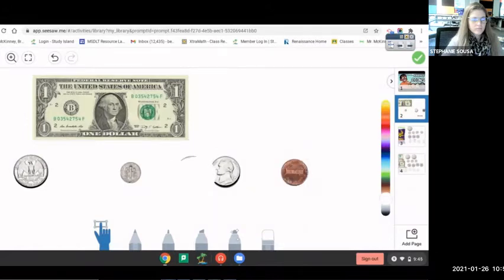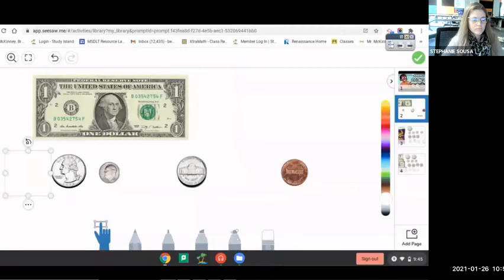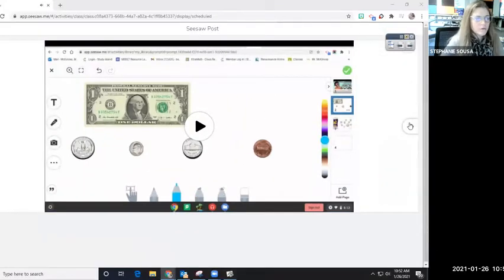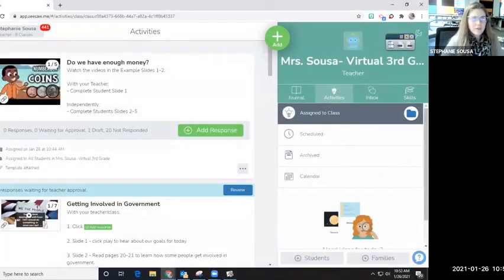No matter the side, it's still important to recognize that the quarter is worth 25 cents, the dime is worth 10, the nickel is worth 5, and the penny is still worth 1. All right, so quick review of our coins there. Now we are getting ready to look at this together, making change. Do we have enough to make a purchase?